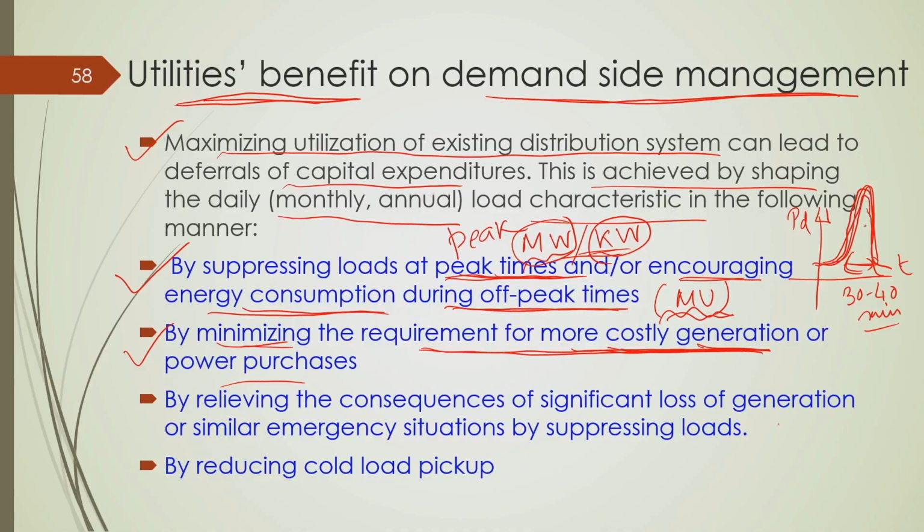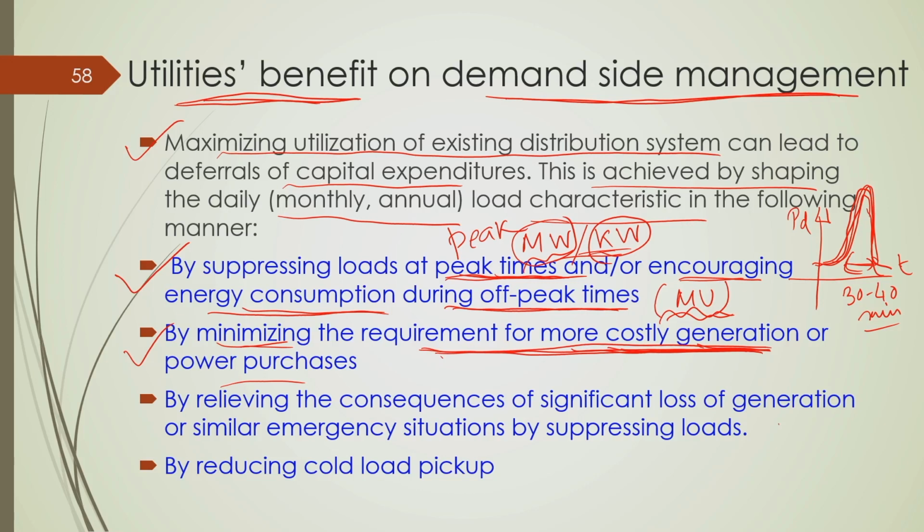You can start within a few minutes and utilize it during this peak hour, but it is a costly generation option. But if you can shape this load curve according to your available generation, then you need not exercise costly generating options.